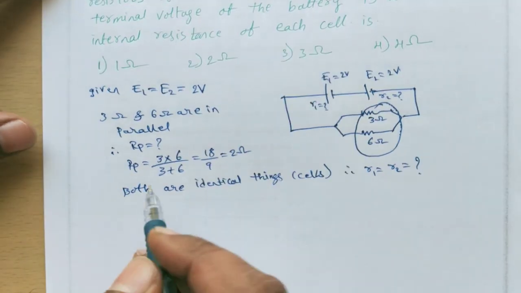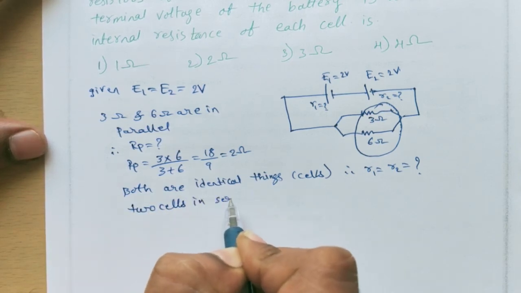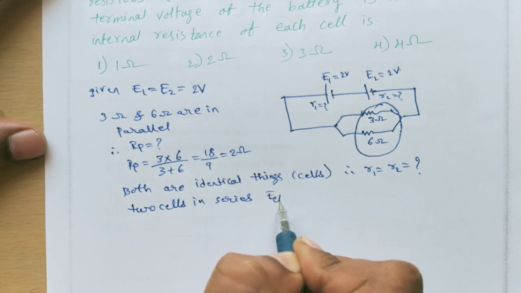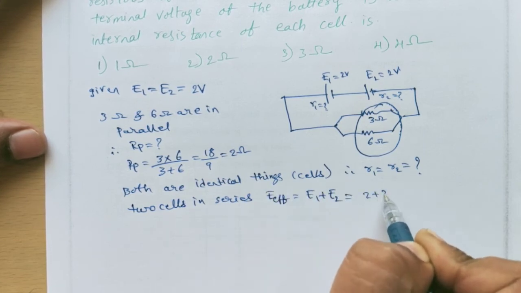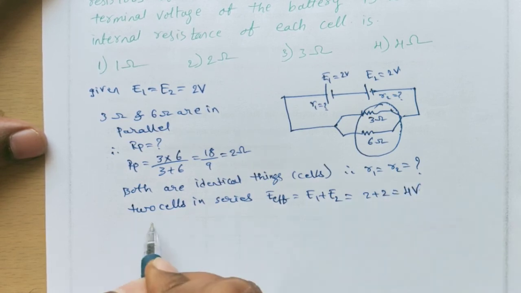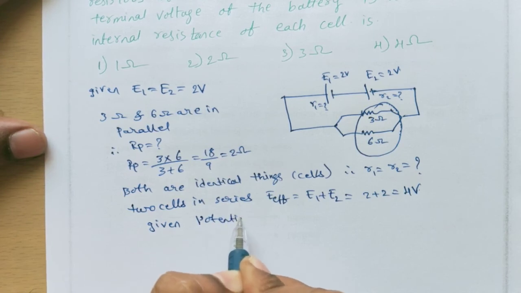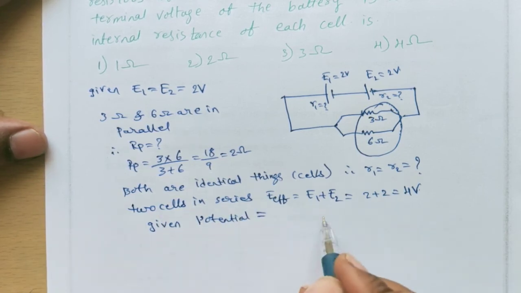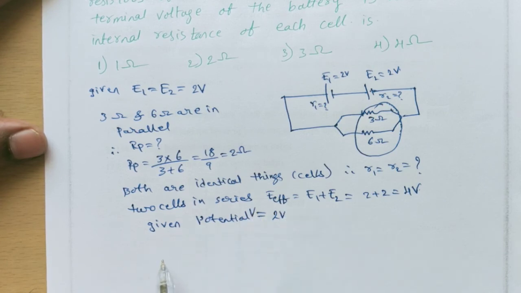Okay students, here two cells in series, therefore E effective is equal to E1 plus E2, that is nothing but 2 plus 2 is equal to 4 volts. Given potential is equal to, that is as how much is given? 2 volts is present, so V value is equal to 2 volts is given.